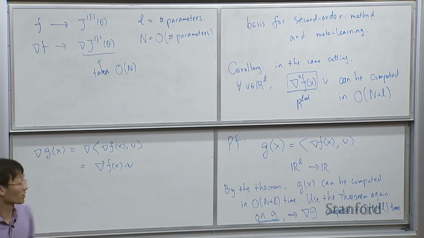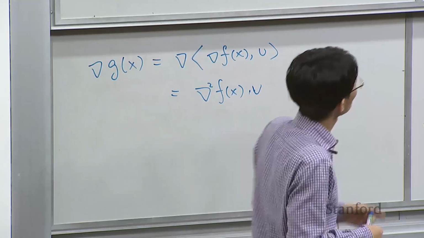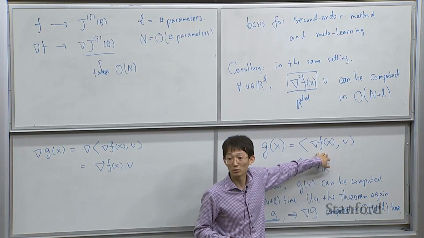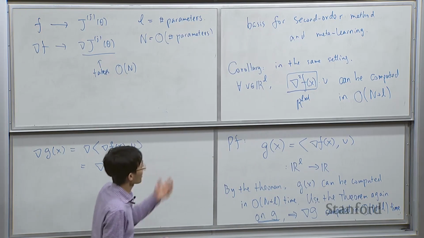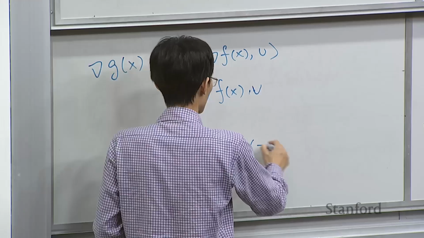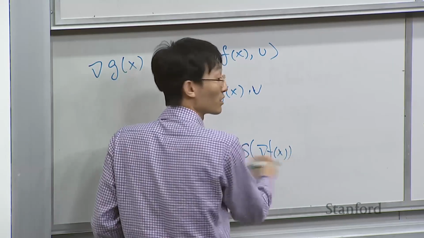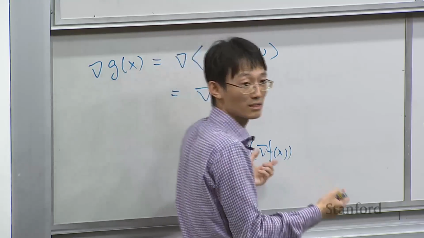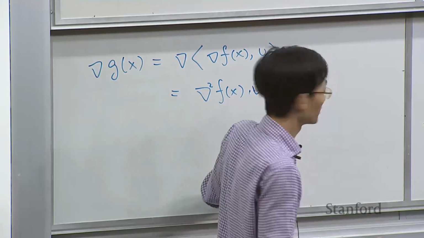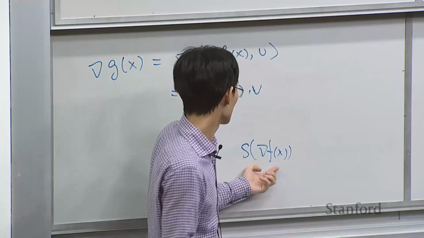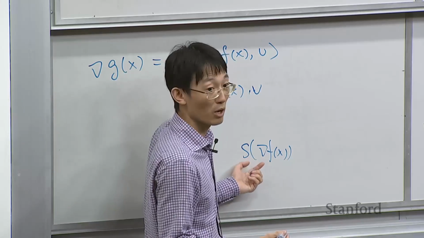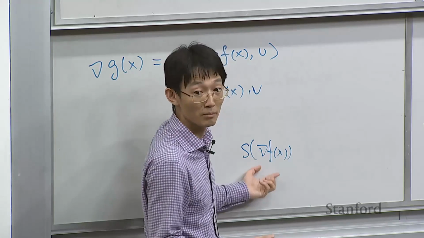And you can do this kind of thing for many other things. For example, if you define any functions of the gradient, you can still take the derivative. For example, in meta learning sometimes you have some special function of the gradient, and then you have to take another gradient of it. That's sometimes a sub-module used in meta-learning. And then you can apply this again. Because the gradient is computable in O of n time, and this function is probably just a very simple function, the whole thing can be computable in O of n time.